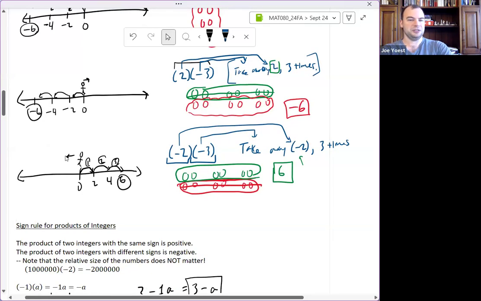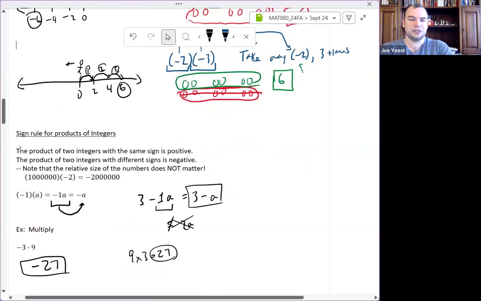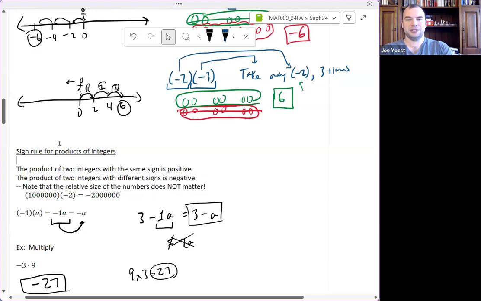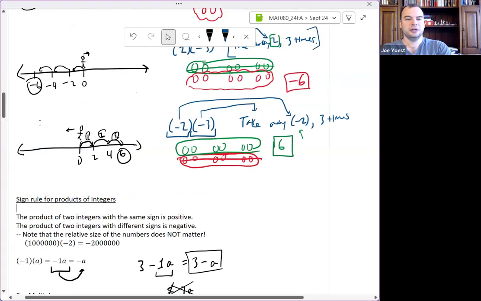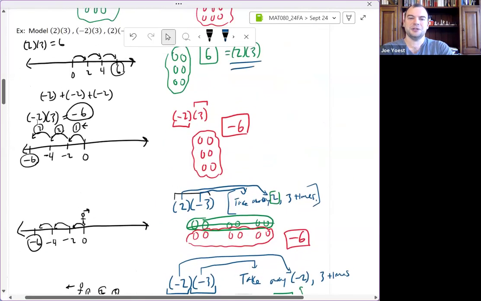Either we're facing to the left and then walking backwards, so net, we're moving in the positive direction. Or we're taking away counters of the red kind, leaving us with extra greens. So hopefully that gives you an intuitive answer to that, but also the rule to rely on in general so that we don't always have to draw a whole bunch of counters or little folks on a number line or something.